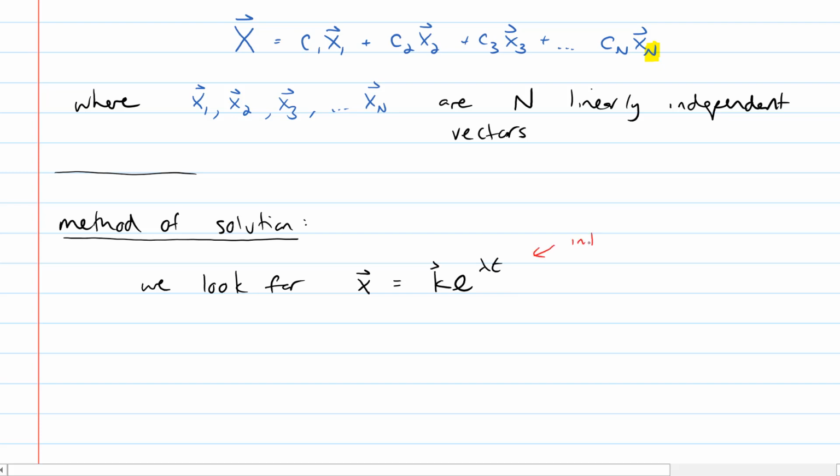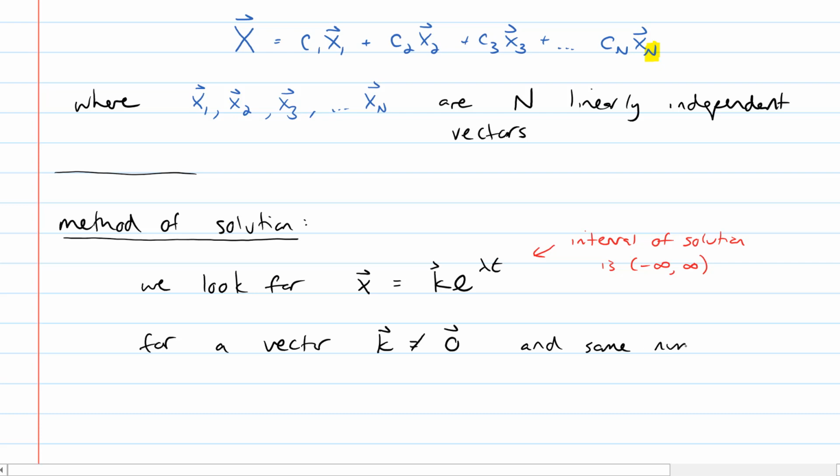The interval of solution then is just negative infinity to infinity. We've got no division by zero problems or anything like that. And for a vector k not equal to the zero vector here, and some number lambda.